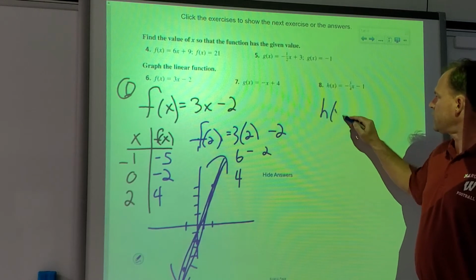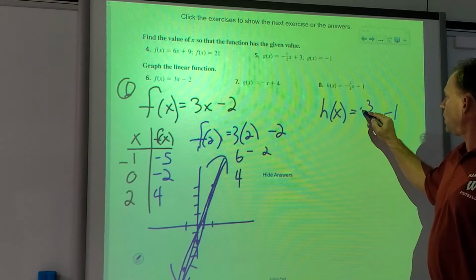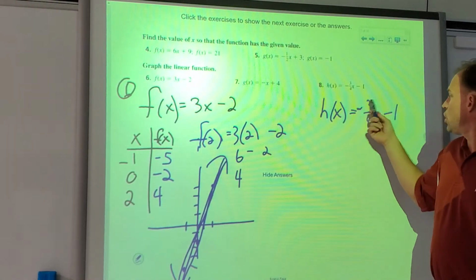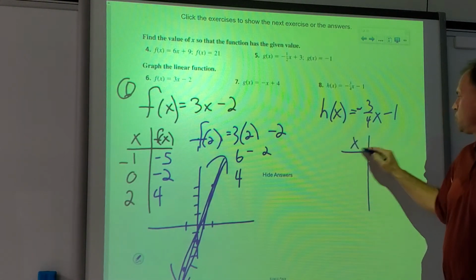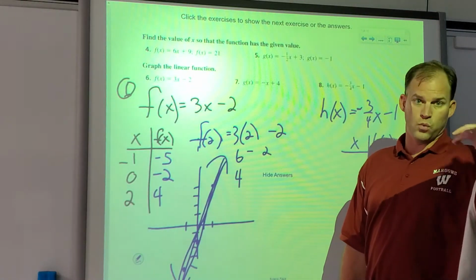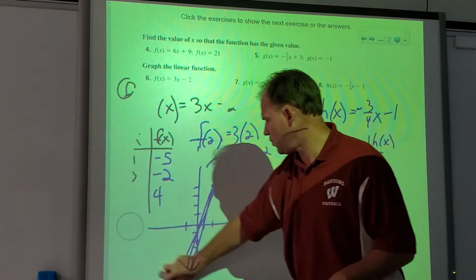And I do want to take one quick mention about something like number 8. So this says h of x equals -3/4 x minus 1. So if there is a fraction coefficient here, I'm just going to straight up tell you the best numbers to plug in if you want to avoid fractions. If you don't mind fractions, you can plug in anything you want.